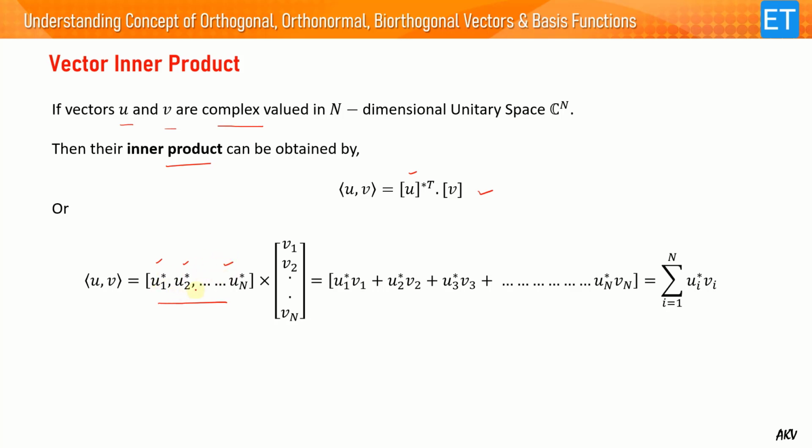The complex conjugate of the first element is multiplied with the first element of v, the complex conjugate of the second element of u is multiplied with the second element of v. Similarly you do this for all n elements, or mathematically you can write sum over i equal to 1 to n of ui star vi. Star means complex conjugate.